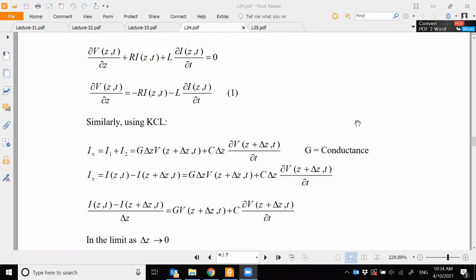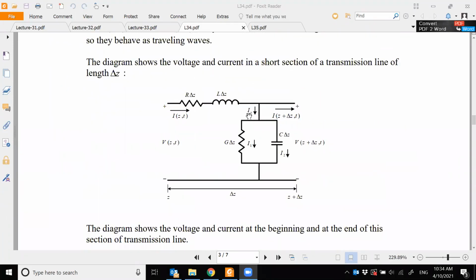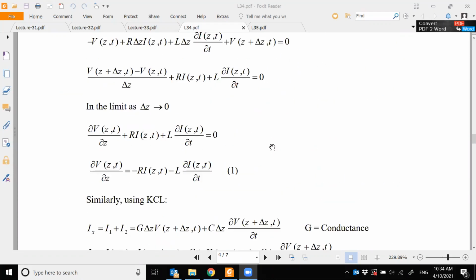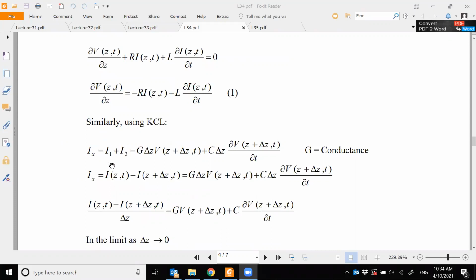Now we are applying Kirchhoff's current law, KCL. So where am I applying it here? Here. So Ix is I1 plus I2. And now what I'm doing? I'm writing I1 and I2. So what is my I1 and what is my I2?